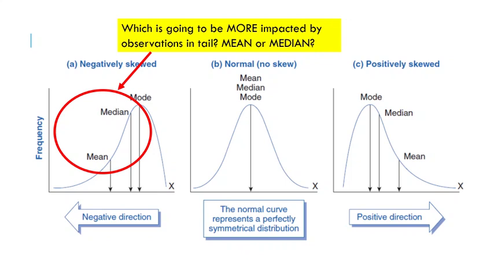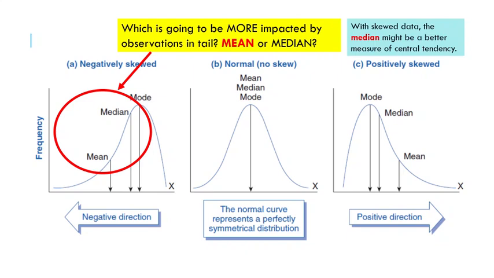Is that going to influence the mean or the median more relative to a symmetric distribution? Well, if you decided it would affect the mean more, you'd be correct. So skewness is more likely to affect the mean more than the median.